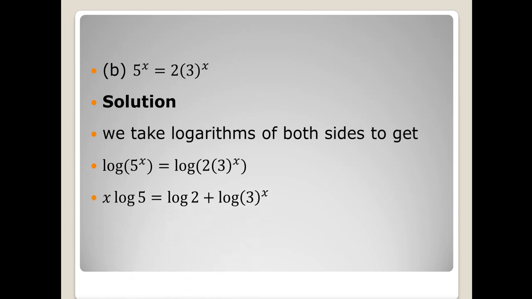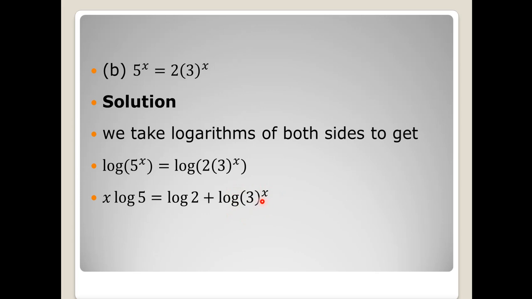So the right side of the above equation will be log 2 plus log 3 index x, because this is 2 multiplied by 3 index x, so we can separate this and write 2 logs. Now, if you look at this last term, we have log 3 index x.